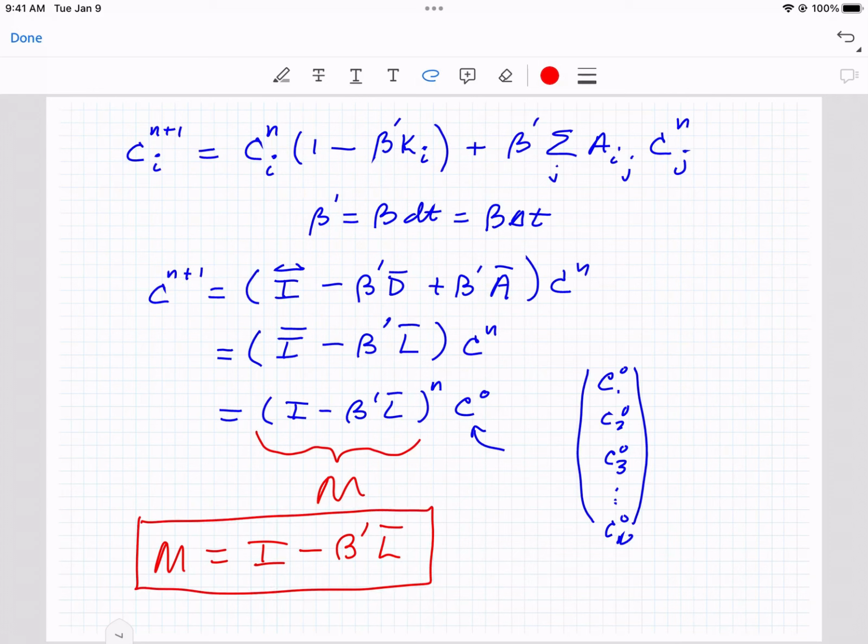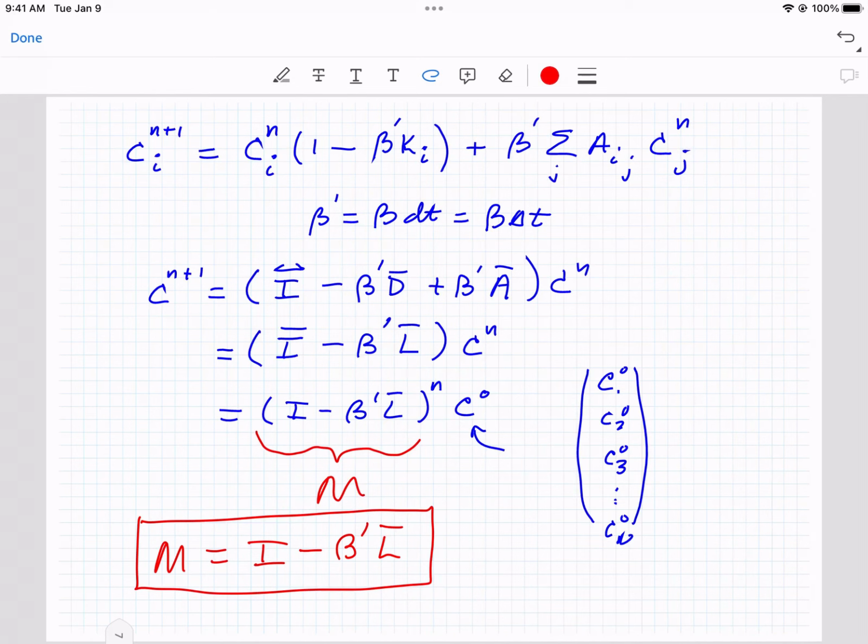Okay, and this way you just have your initial concentration vector, and then you just keep multiplying that by this. It's a Floquet multiplier, but it's called a transition matrix. All right, so you keep multiplying it by this transition matrix n times to get out to the nth time step.